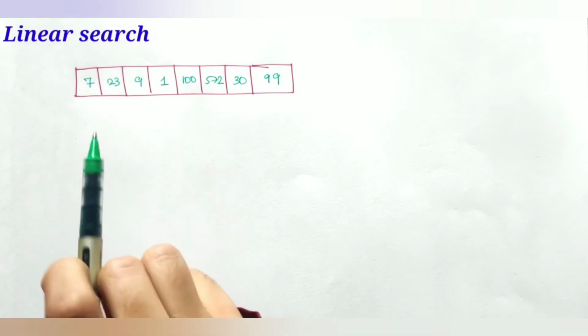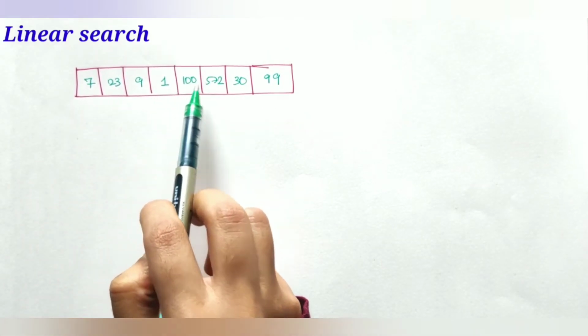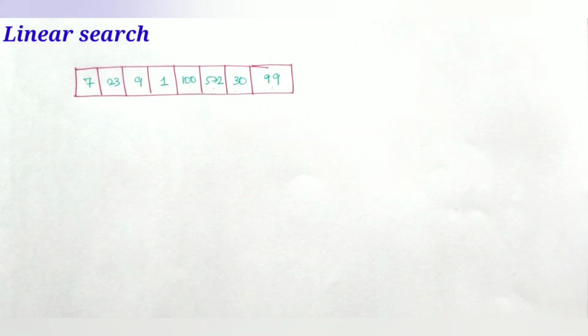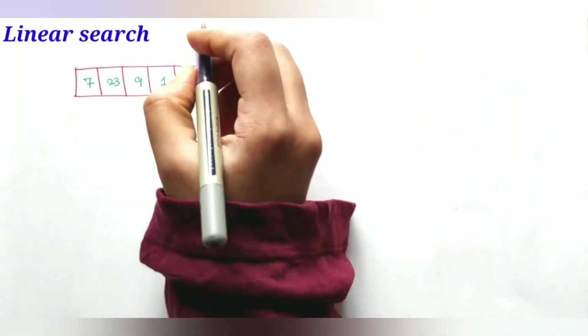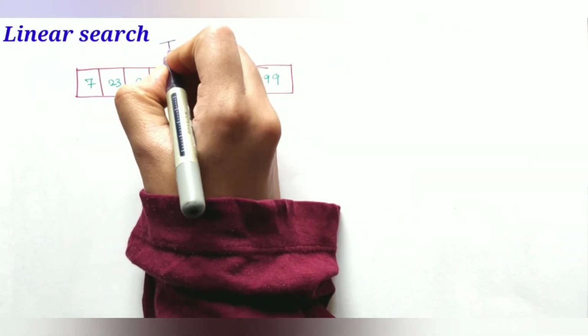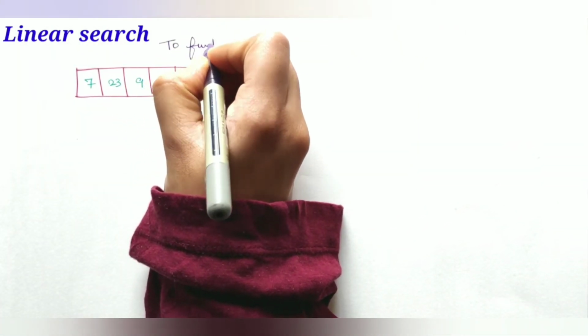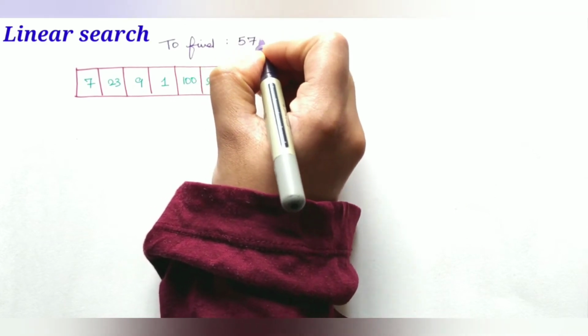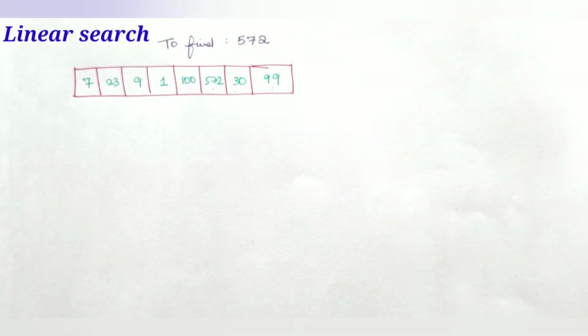Now you have these, let's say 1, 2, 3, 4, 5, 6, 7, 8, right? 8 numbers in here. And what you want to do is you want to find the element, let's say 572, okay? So to find 572. Now how will you do that in the case of linear search?